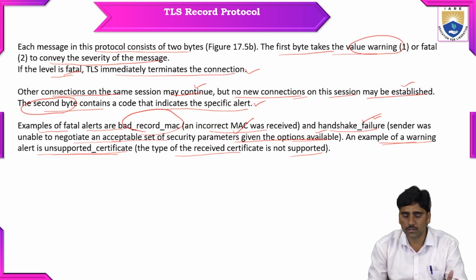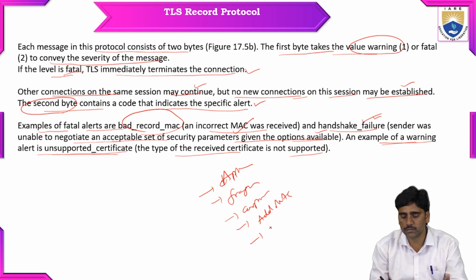So this is all about the TLS record protocol operations, which have phases like application data transmission, fragmenting, applying compression, adding MAC, applying encryption, and appending the TLS record header.